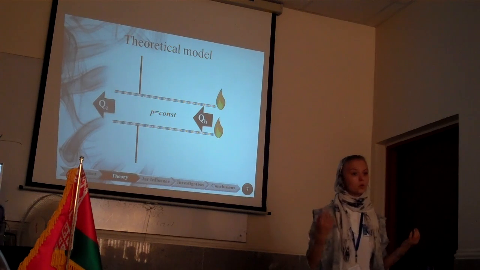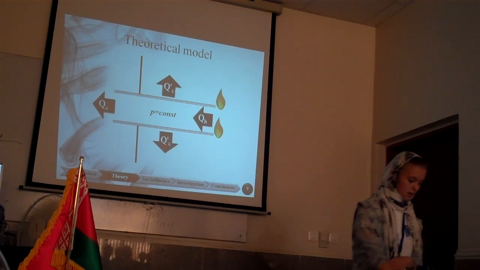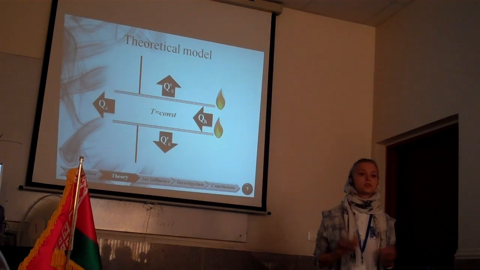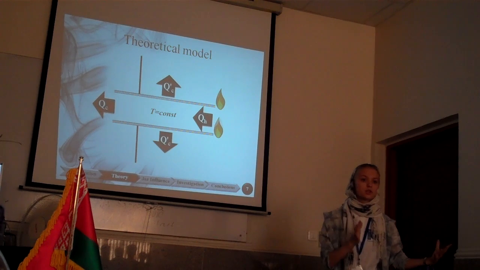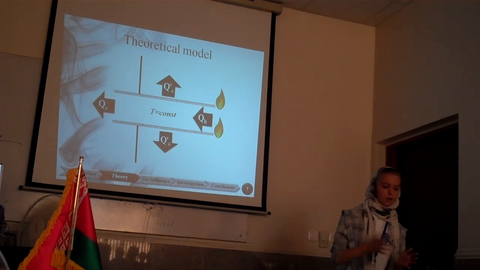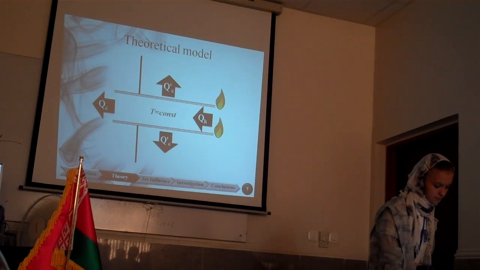Here we have cooling of our tube, and we also have cooling through the paper. And also for simplification, we took that all gas in our tube has the same temperature, I mean the gases that form due to pyrolysis.